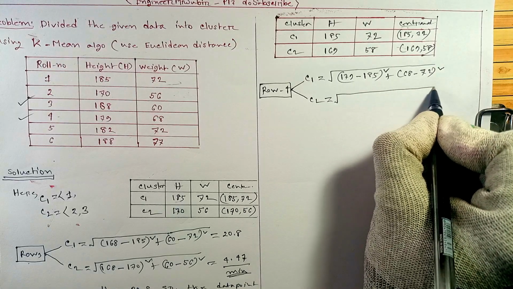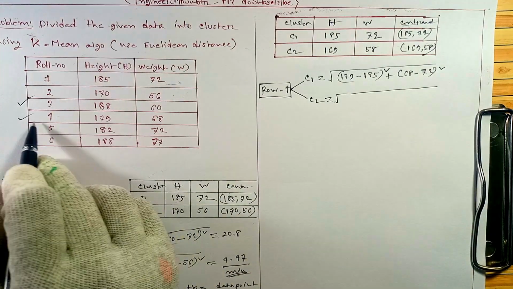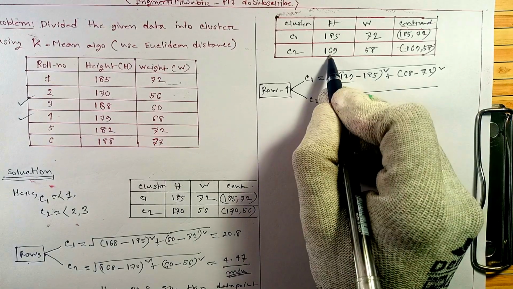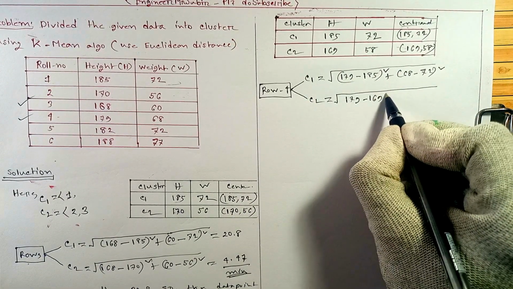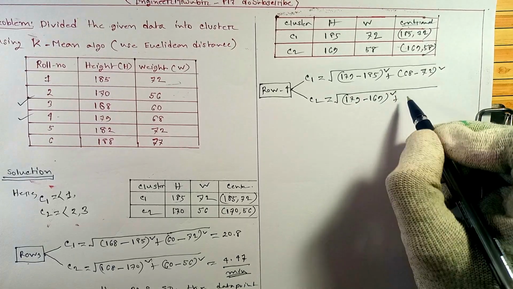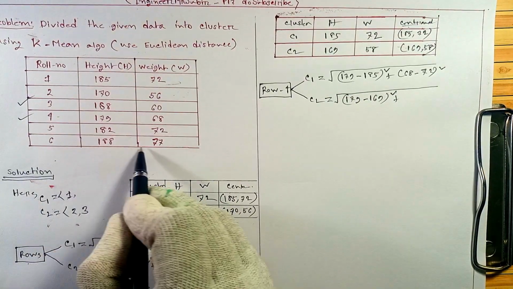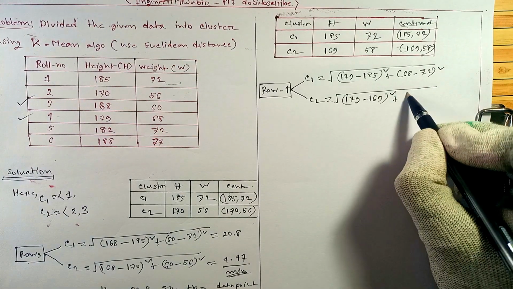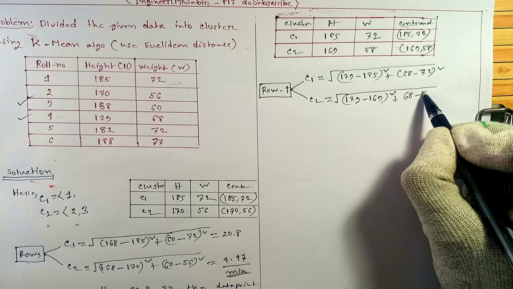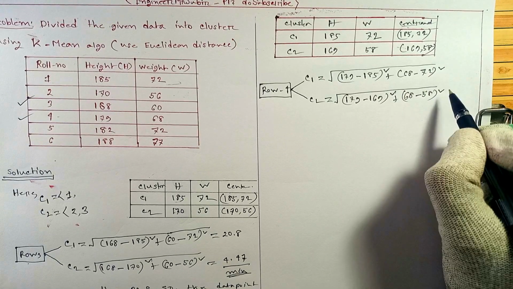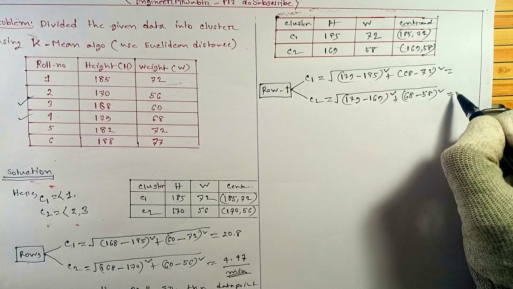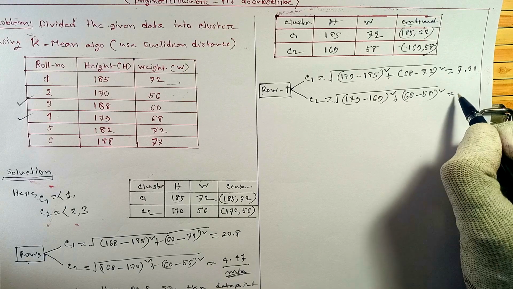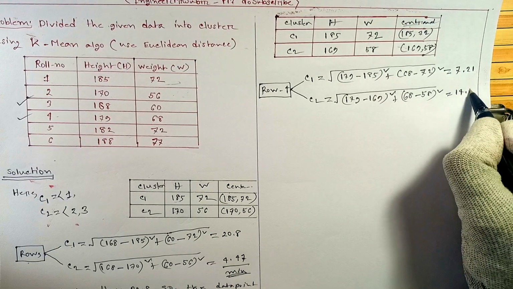In case of C2, row 4 is 179, so 179 minus C2's 169 whole square, plus we know this value is 68, so 68 minus 58. The value is 7.21 and this one is 14.14.